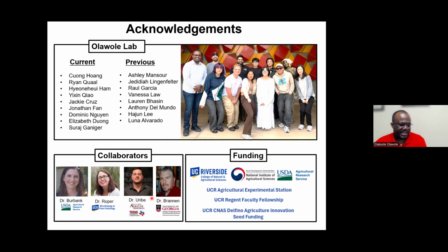And Uribe and Brennan have been consistently sending us infected plum materials, Uribe all the way from Texas to California, and Brennan all the way from Georgia to California, because the goal is to hopefully get some isolates from Georgia and see how those also map to our current phylogeny, and also the current phylogeny of the plum-associated Xylella.